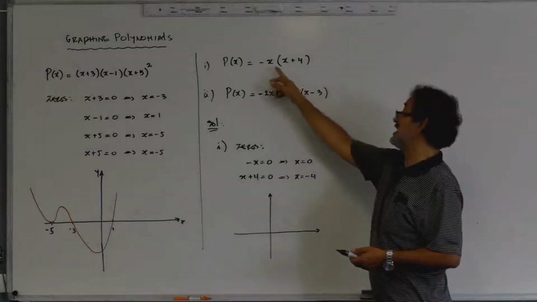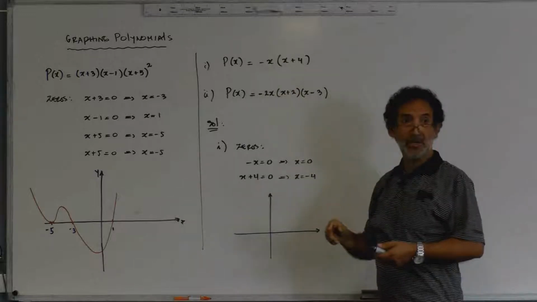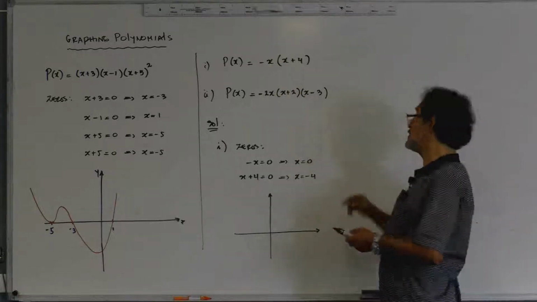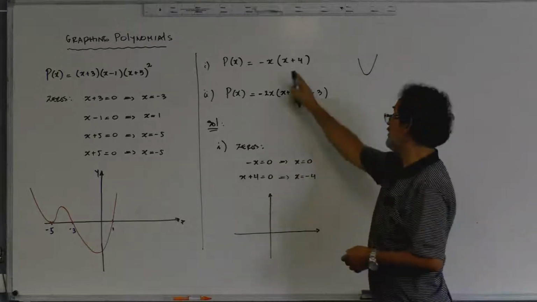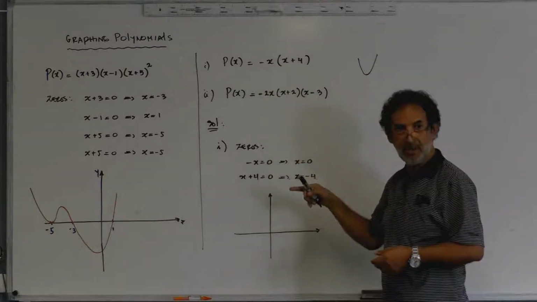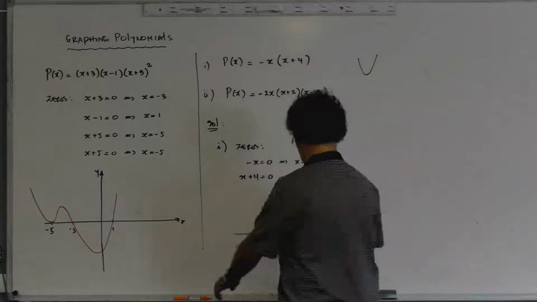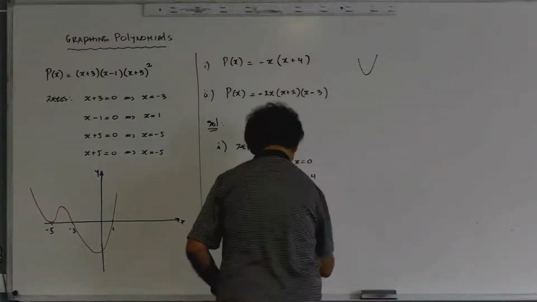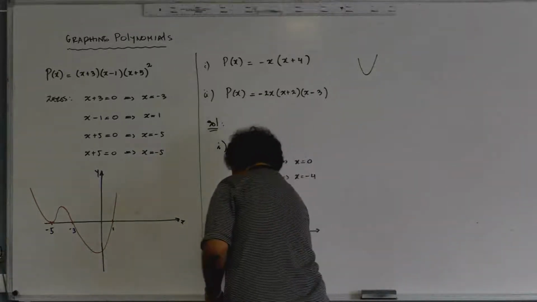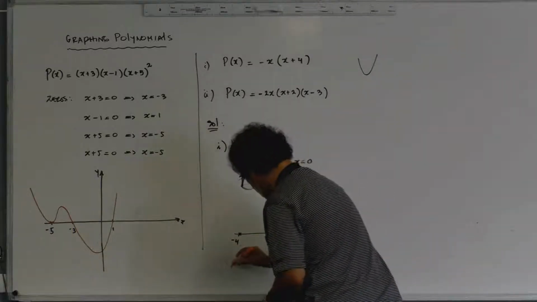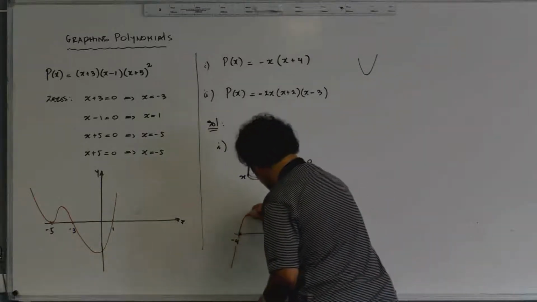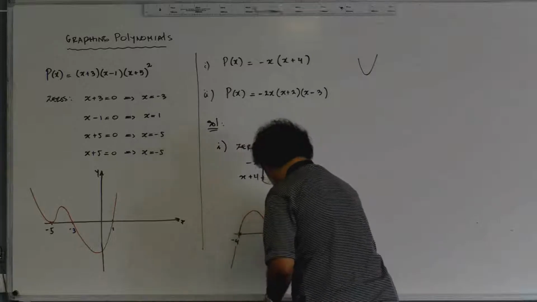Can you see that if you multiply this by this, it's going to be squared? So we know that originally it should look like that. But because of that negative, it will flip. So that means we're going to have 0, negative 4, but it's going to look like this.